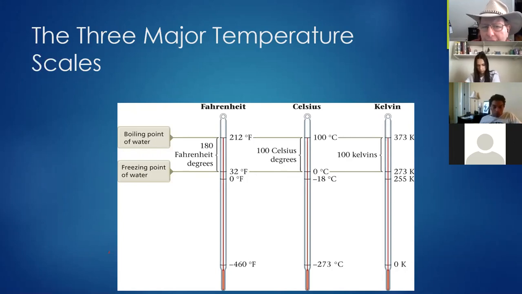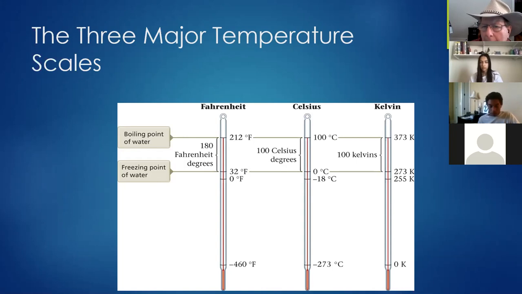Now, the amount of heat that it takes to raise the Fahrenheit scale from 32 to 212, or 180 degrees, is equal to 100 degrees Celsius. So therefore, if I want to change the Celsius scale into the Fahrenheit scale, I have to multiply the Celsius by 1.8, or 180 degrees divided by 100. Does that make sense to you?